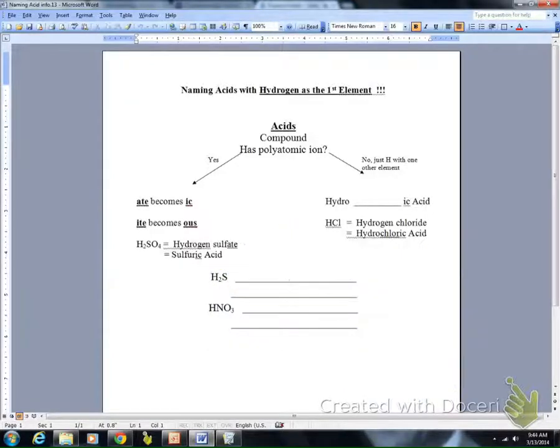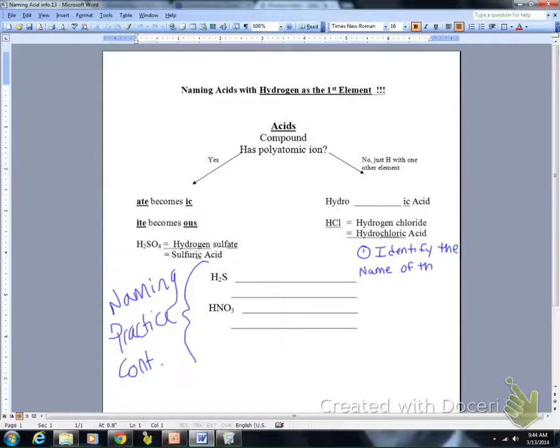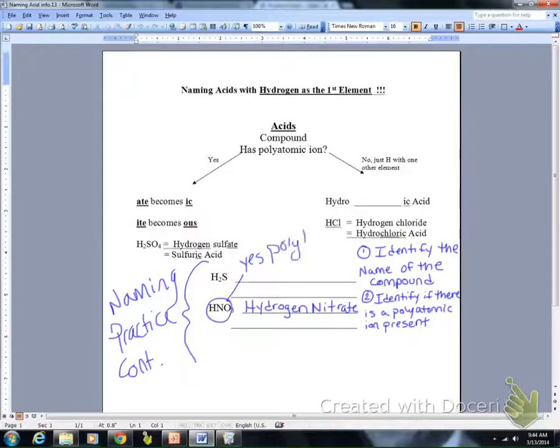Pretty easy. Then, naming practice again for the next one, we're going to identify what the normal compound name is. In this case, it would be hydrogen nitrate. Then we're going to identify if there is a polyatomic ion present. I noticed that there's a polyatomic, so now I'm going to follow my polyatomic ion naming rules. I've got to identify the ending of my polyatomic.